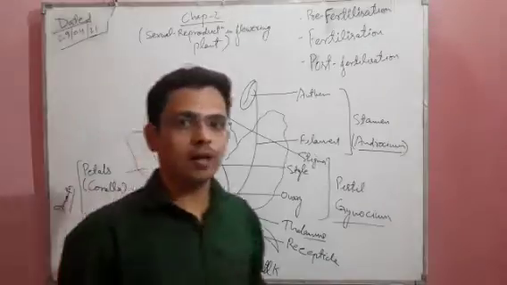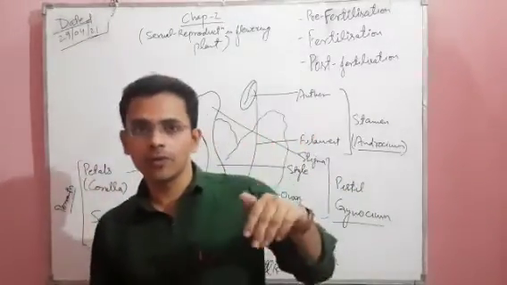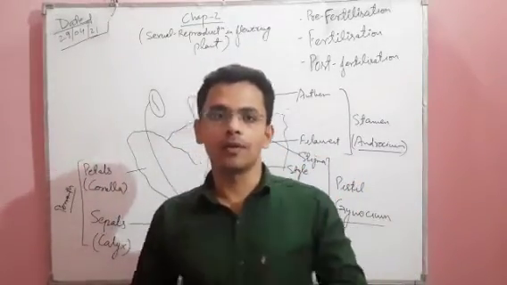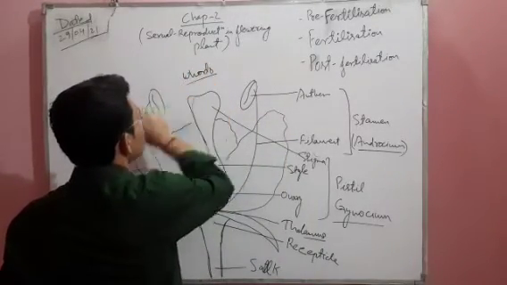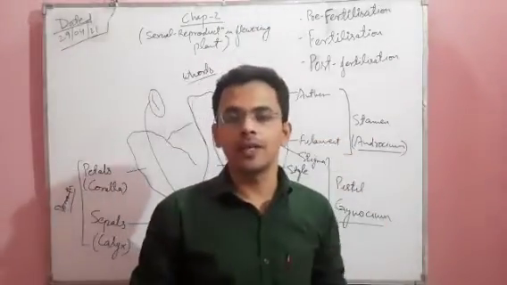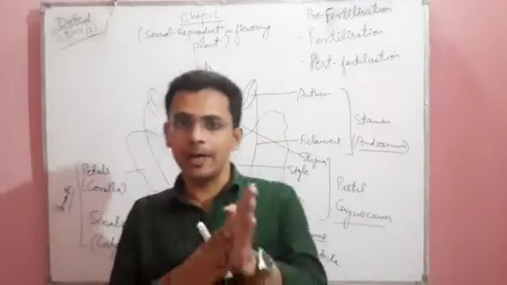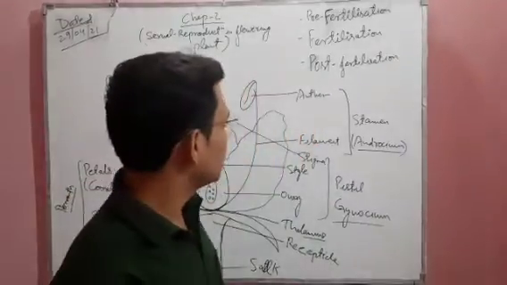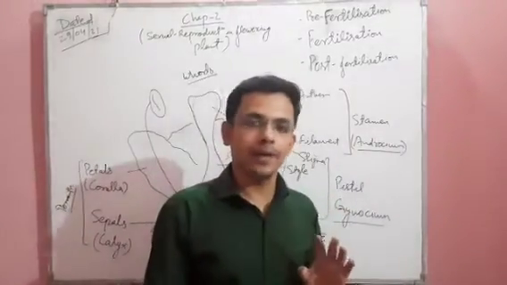The flower consists of four major parts, also called floral appendages, and another name is whorls. यानी कि four different whorls, or four different floral appendages, or four different floral parts. समझ आई बात? The androecium, gynoecium, calyx and corolla are the four different floral appendages.